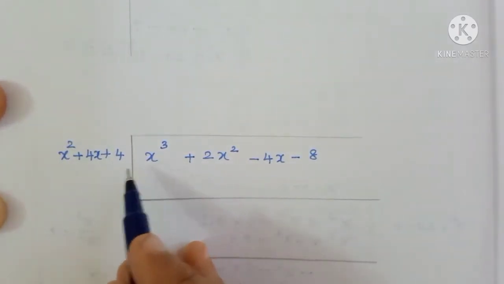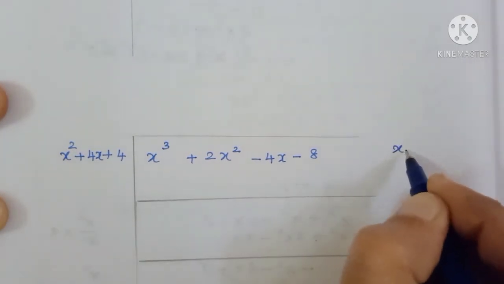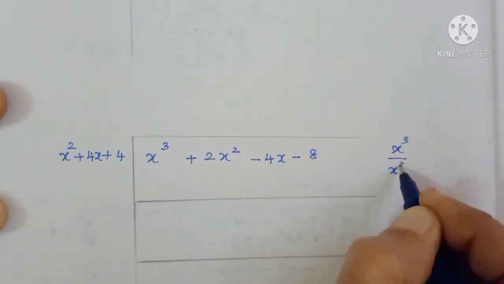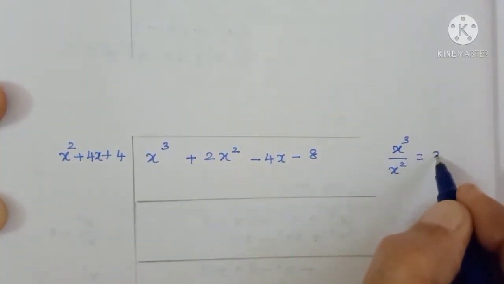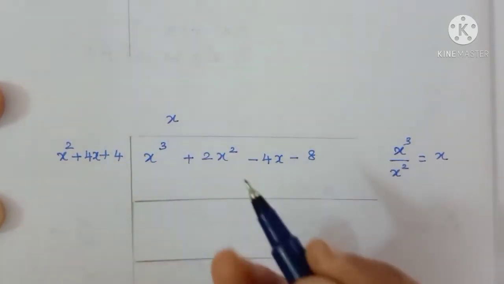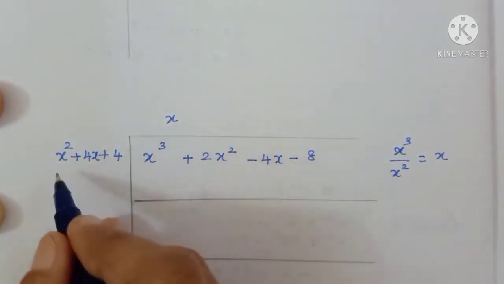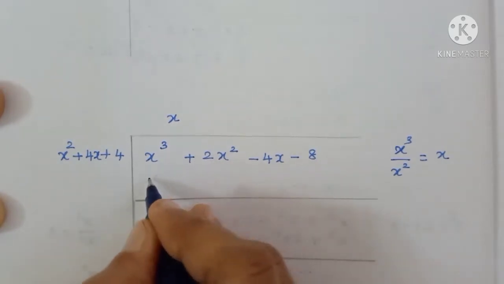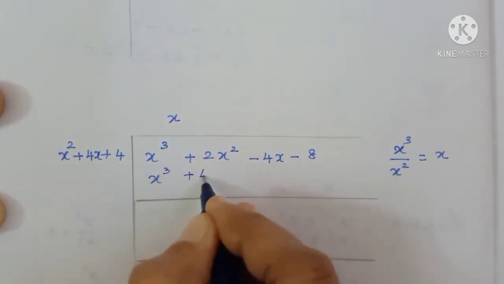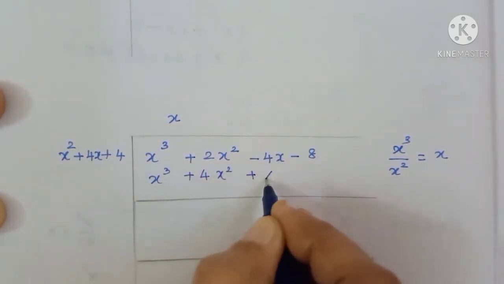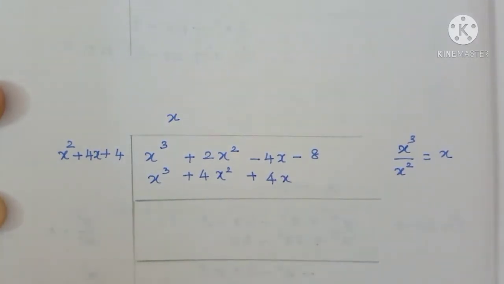Now first term by first term, x cube by x squared. So divide these two and you will get x. So we write x in the quotient part. Now you take x and multiply with these three. So what will you get? x cube plus 4x squared plus 4x. Okay. Now we are going to change the sign, that is, we are going to subtract these two.